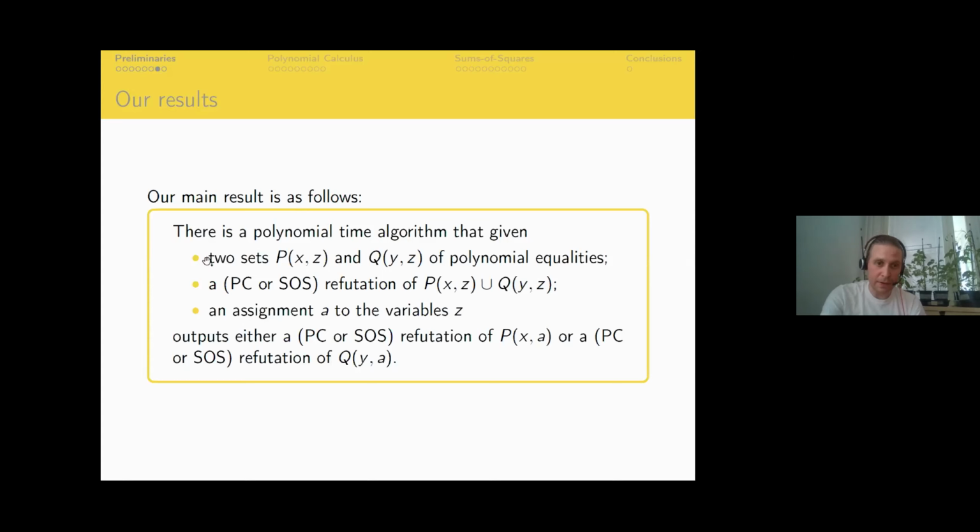In general, we're given two sets of polynomial equality constraints P and Q that share some common variables z and have their own distinct sets of variables, and a refutation of their union, so this is really like a conjunction, and an assignment A to the z variables. Then in polynomial time, we can output either a refutation of P where A is applied to the z variables, or a refutation of Q where A is applied to the z variables.